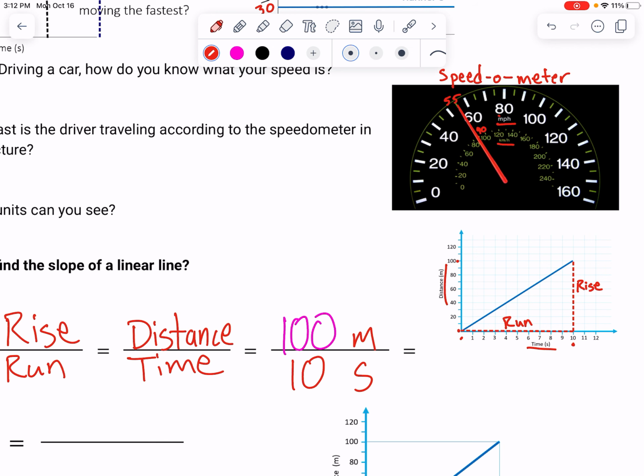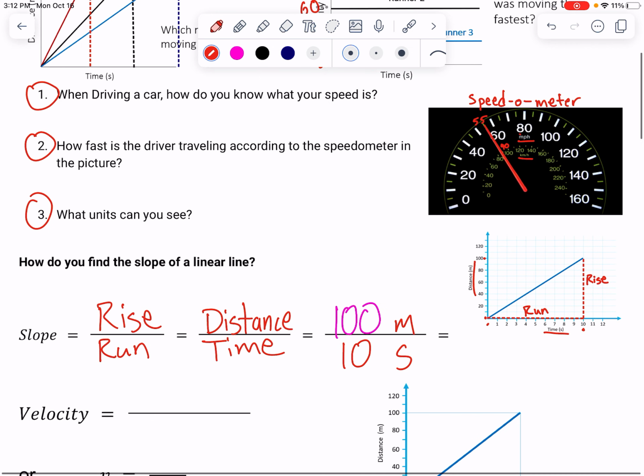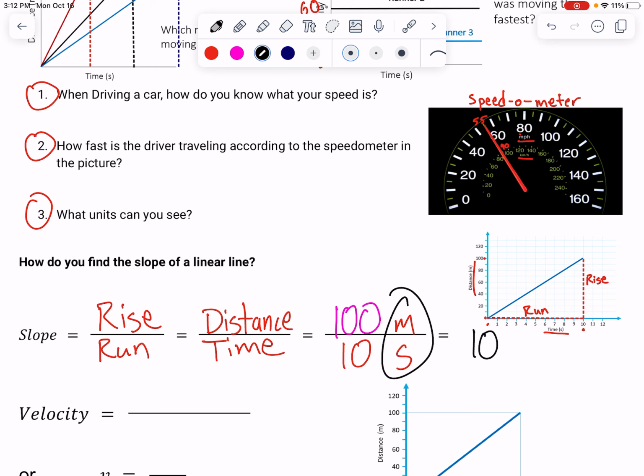So we're going to do a little bit of math. To find our slope, we're dividing the rise over run, which is the distance over time, which in this case is 100 divided by 10, which gives us 10. But you notice we're not only dividing the numbers, we're also dividing the units.